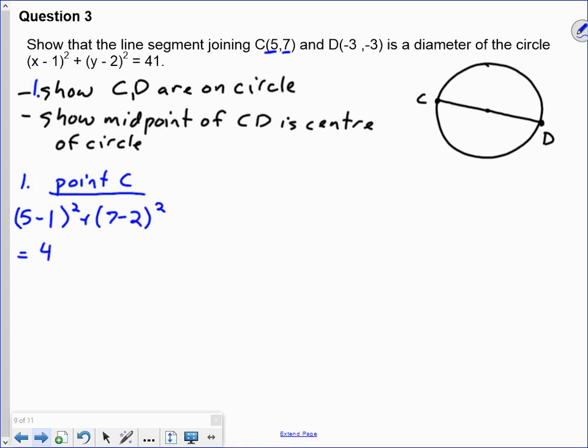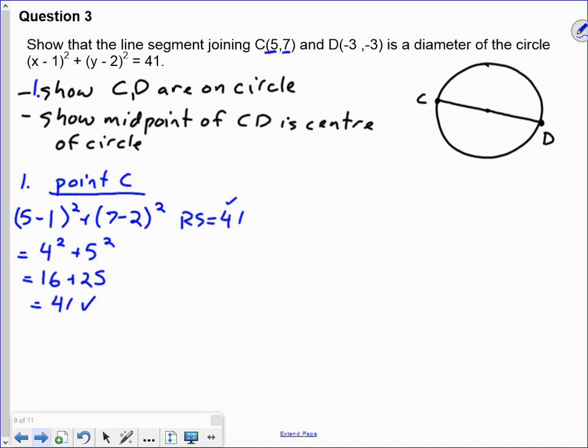This gets us 4 squared plus 5 squared, 16 plus 25, which is 41, which is exactly what our right side is. So point C is definitely on our circle.